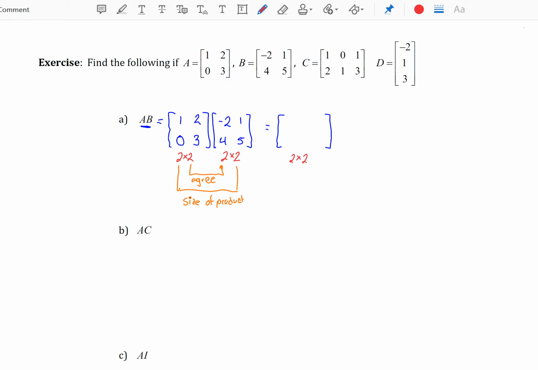And now for this example, I'd like to identify the entries again, just to help you with the matrix multiplication. Maybe you could say this is the C11 position, first row, first column. C12 position, first row, second column. C21 position, second row, first column. C22 position, second row, second column.